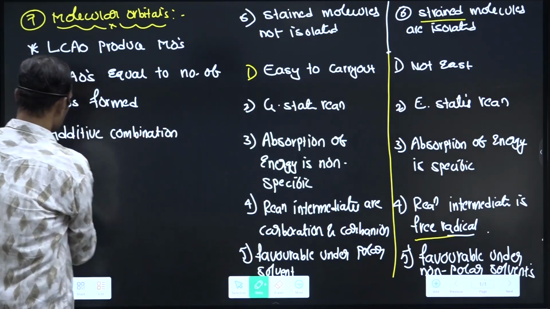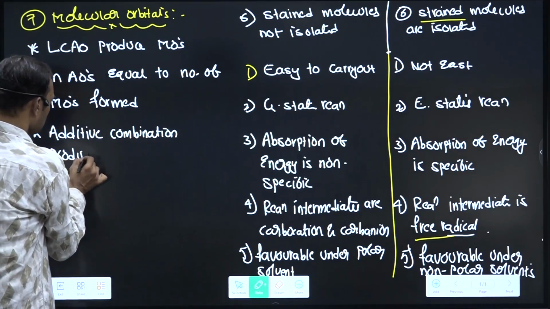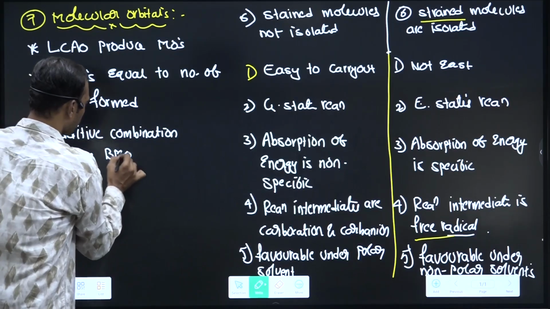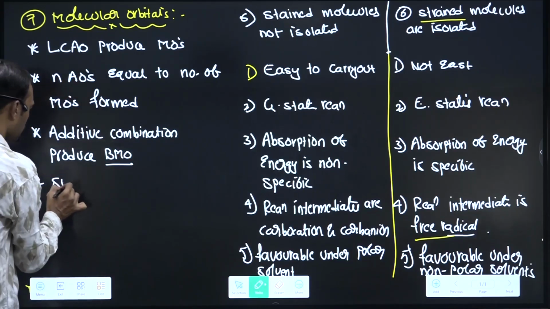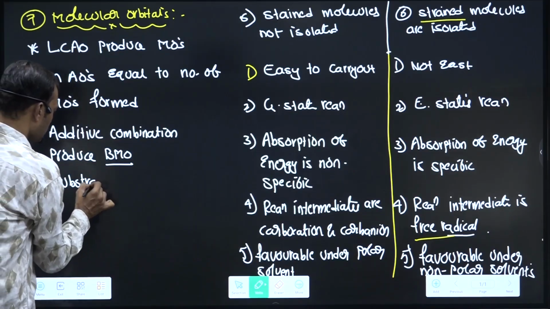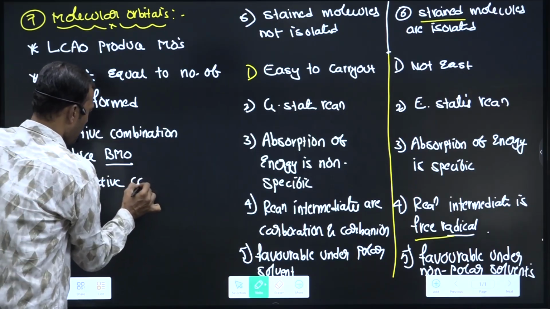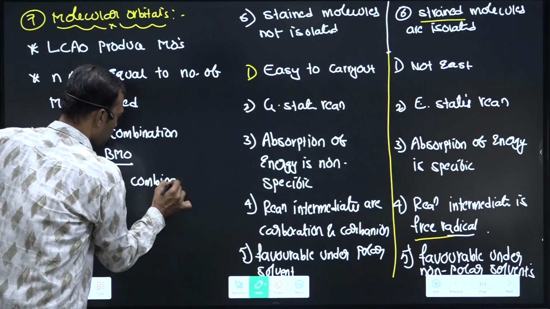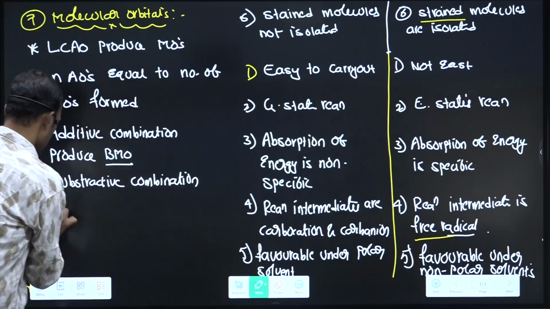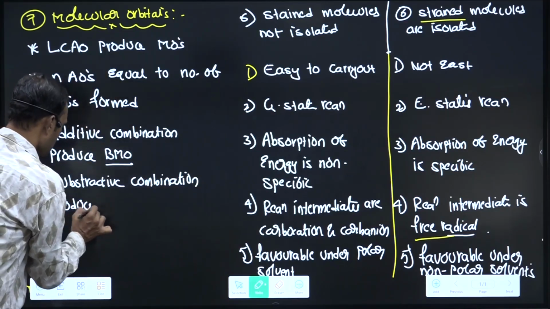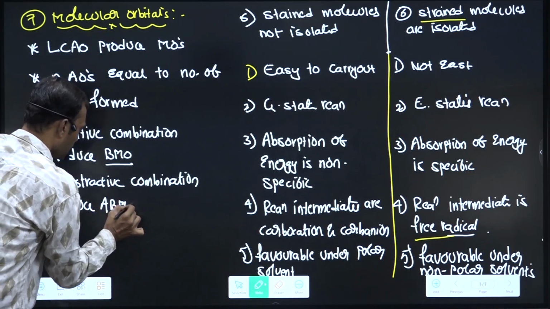Additive combination produces BMO, bonding molecular orbital. What about subtractive combination? Subtractive combination produces ABMO, antibonding molecular orbital.